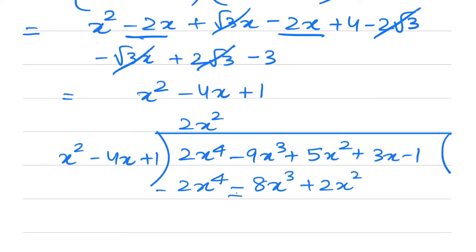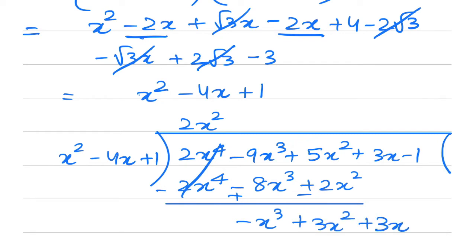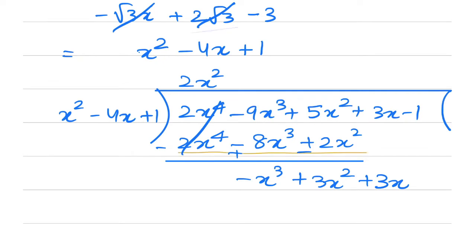Now subtracting, I'll change the signs for all. So here this gets cancelled, and minus x cube plus 3x square plus 3x. Now next term would be minus x. So we have minus x cube plus 4x square and minus x.